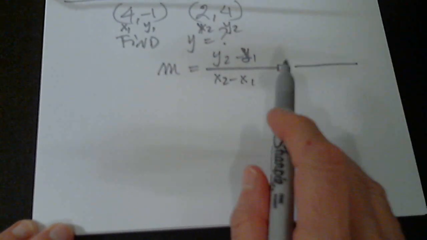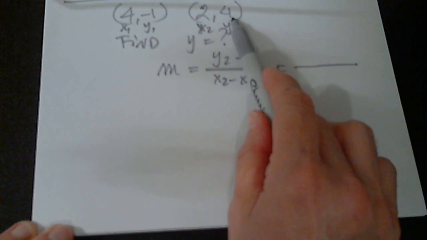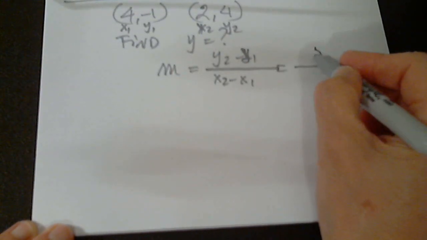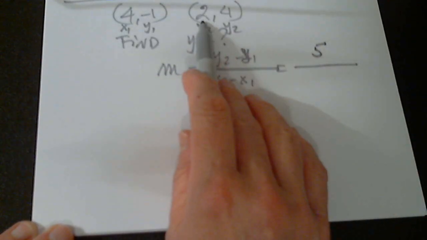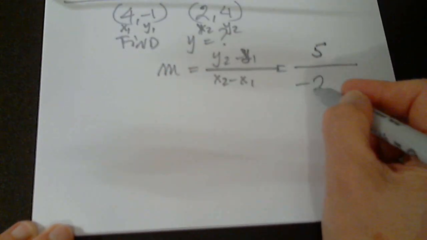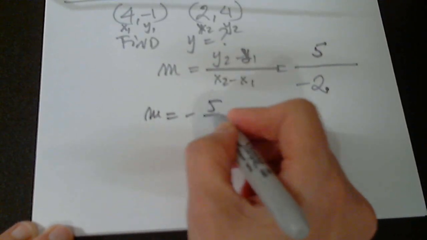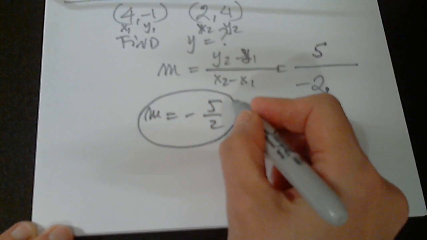And now carefully copy. y2 minus negative 1 is 5. 2 minus 4 is negative 2. So I know that the slope is negative 5/2.